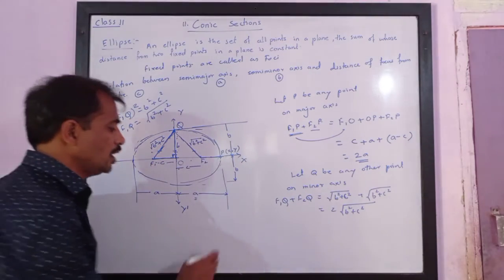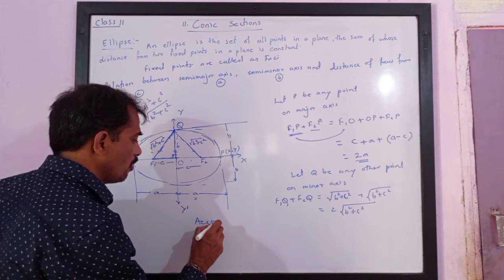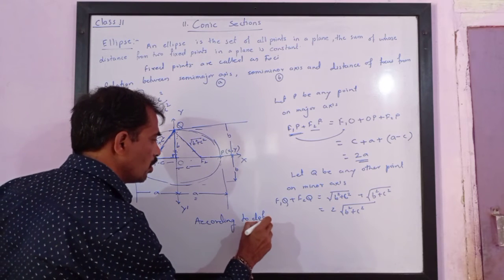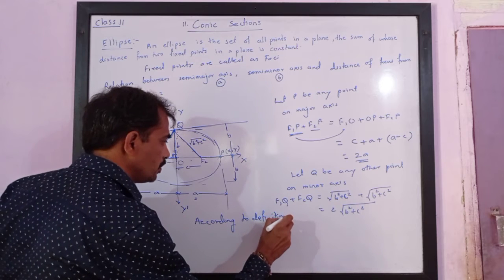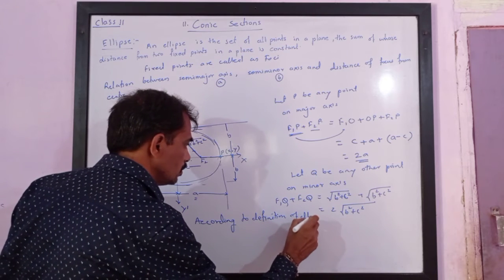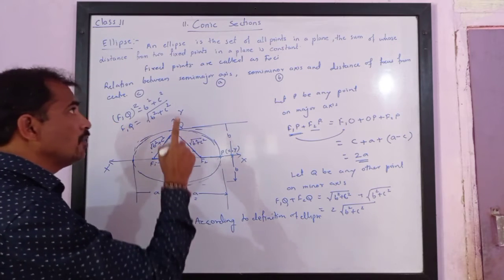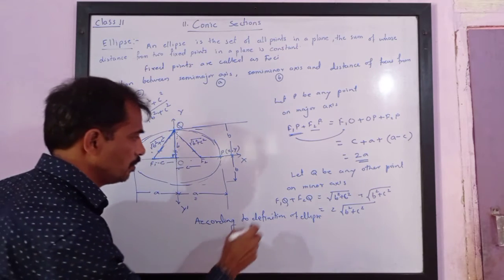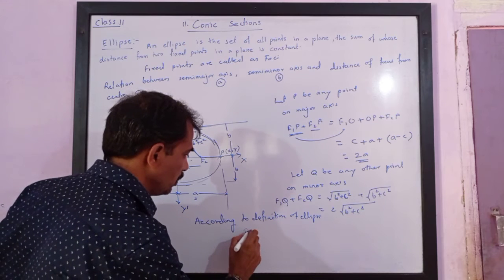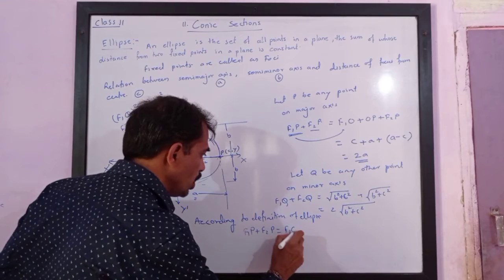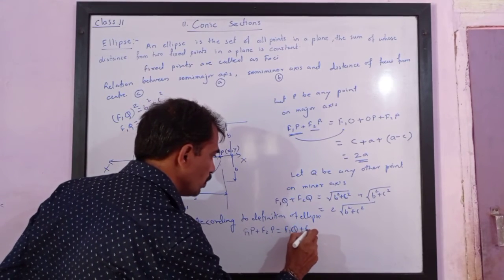So according to the definition of ellipse, the sum is always equal. So F1P plus F2P is equal to F1Q plus F2Q.